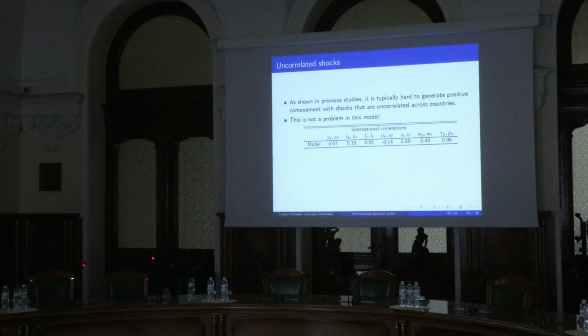But that's not what we find. We find even if you have completely uncorrelated shocks, technology shocks across countries, you still get positive correlation of output and one that is higher than for consumption. High for labor supply, high for investment. So we get that also with fully uncorrelated shocks.